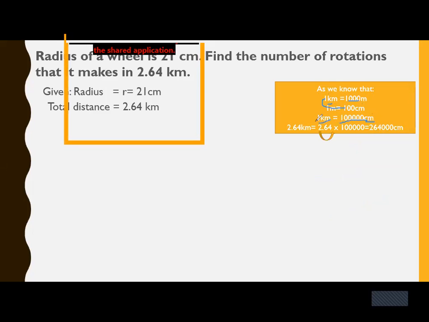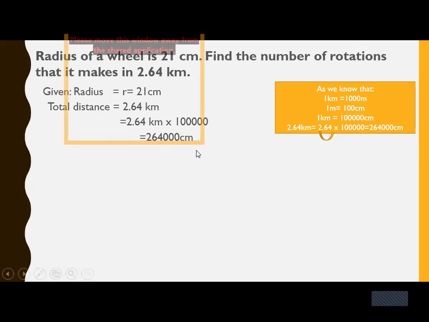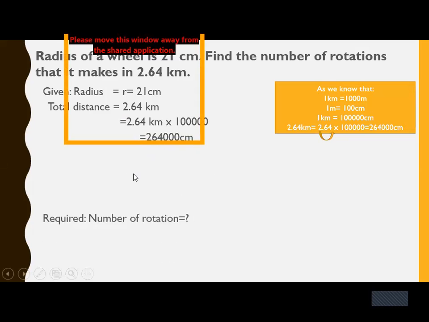Then if we want to convert 2.64 kilometers into centimeters, we multiply it by 1 lakh centimeters to get 264,000 centimeters.